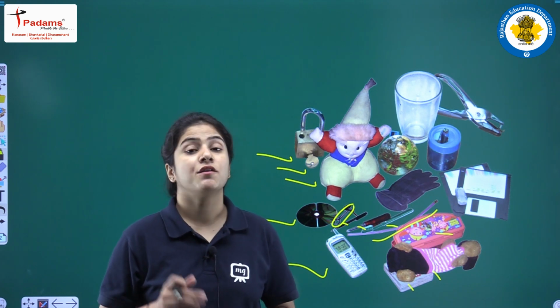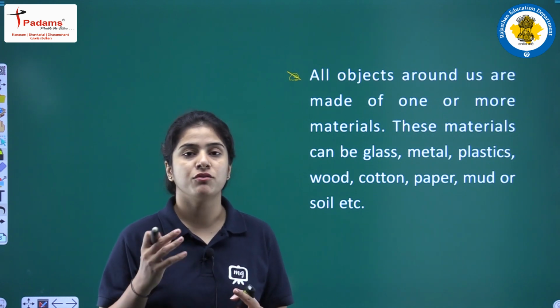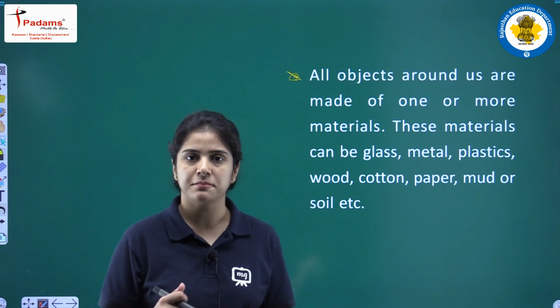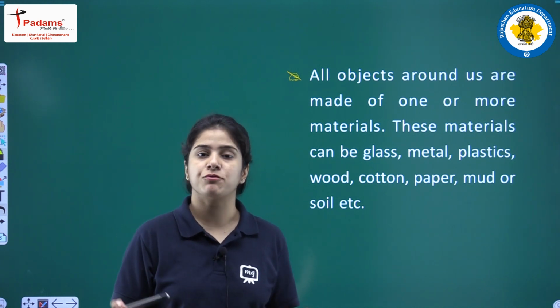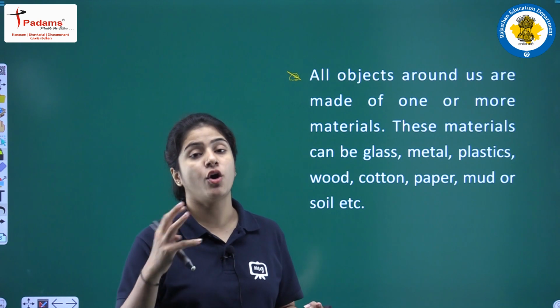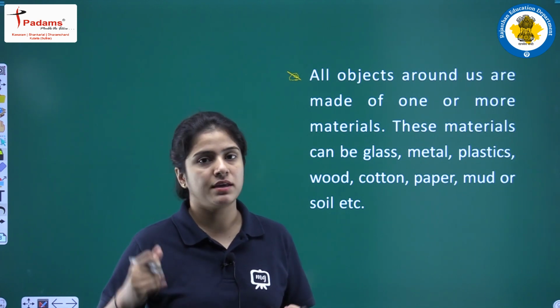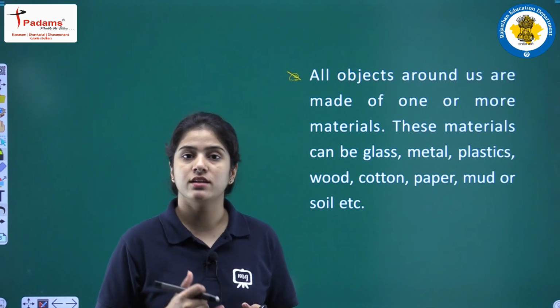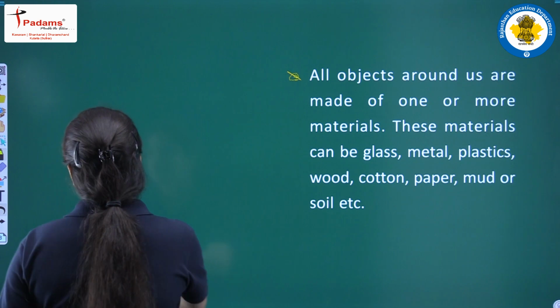Alright students, we also know that any particular object is made up of one or more materials. Any object can be made from one material or from many materials. Any material can be wood, paper, soil, glass or any other thing.